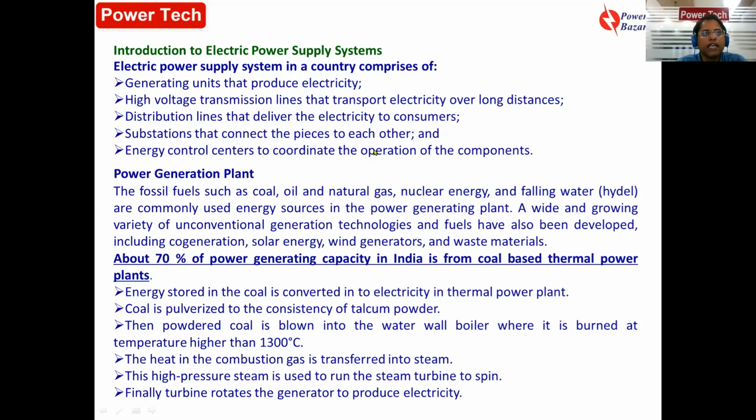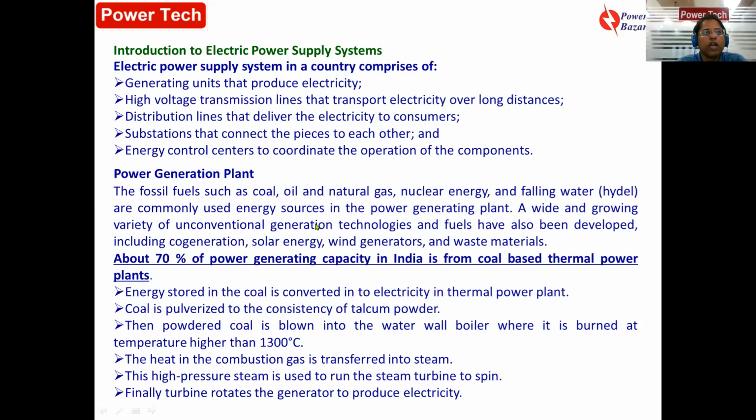Then once it is generated at a very low voltage, maybe at 11 kV or 15 kV or 16 kV, the power is generated at the generator. Then it is stepped up so that it can be transmitted from the generating station to the load end, the user end, or towards the load center.